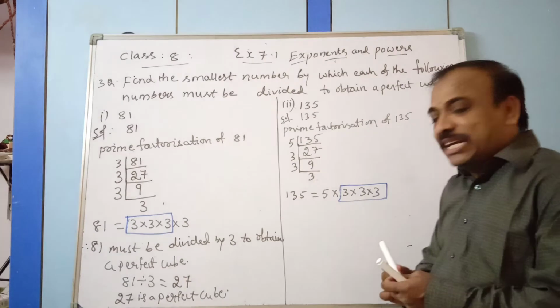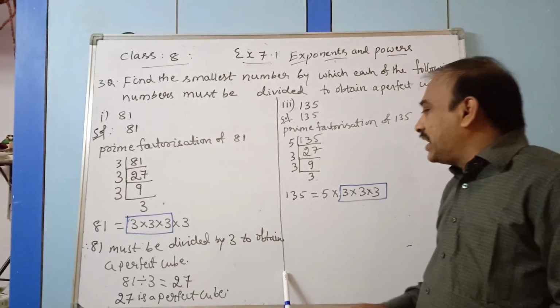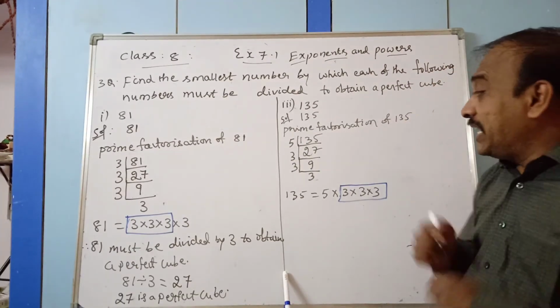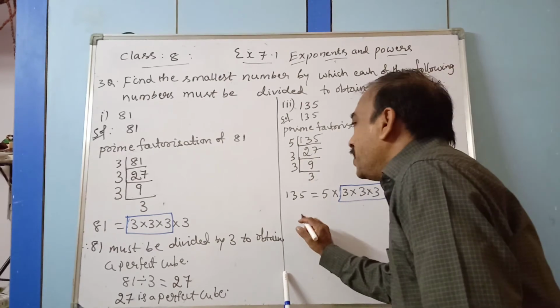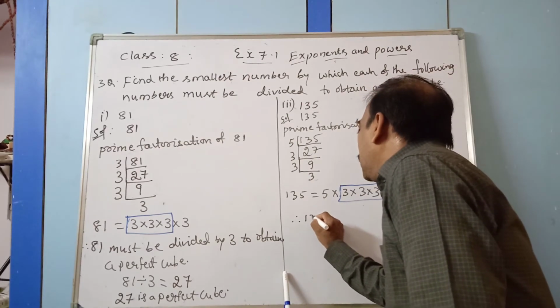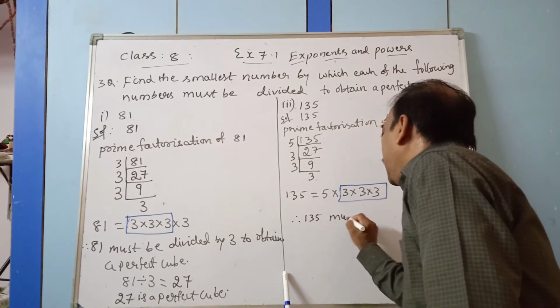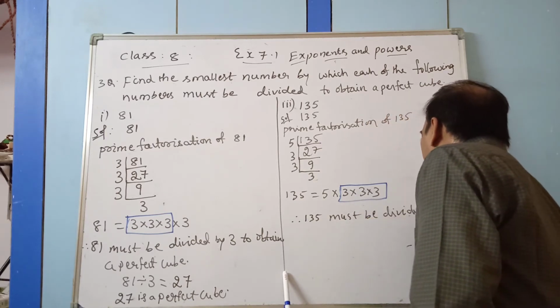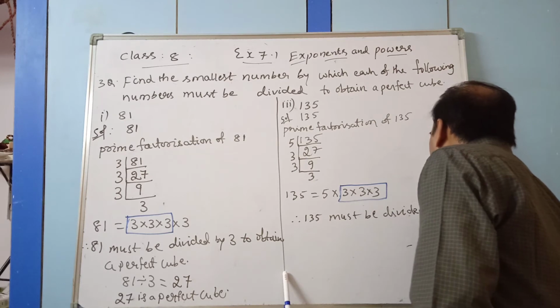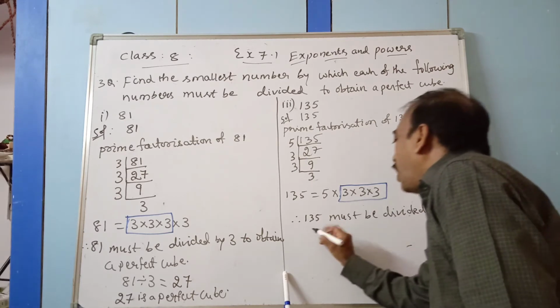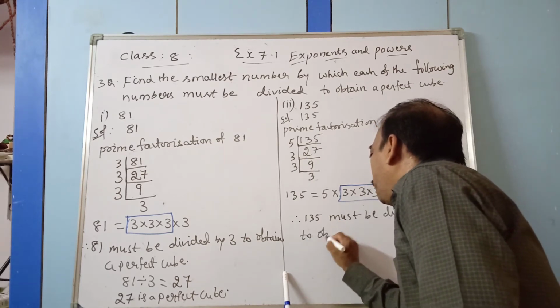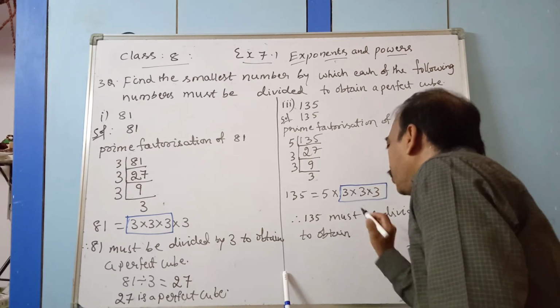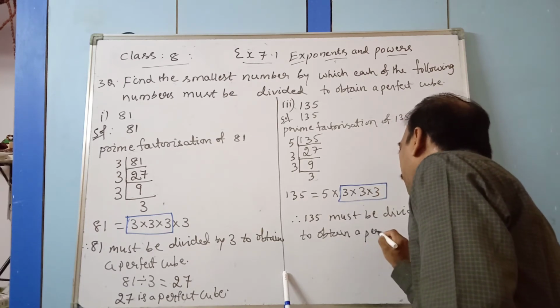Which is not having a triple? The 5 is not having a triple. Therefore 135 must be divided by 5 to obtain a perfect cube.